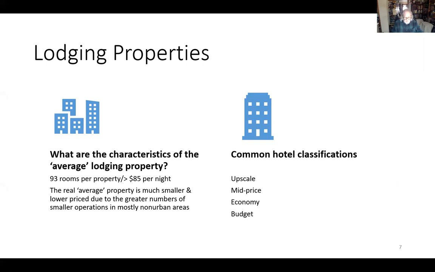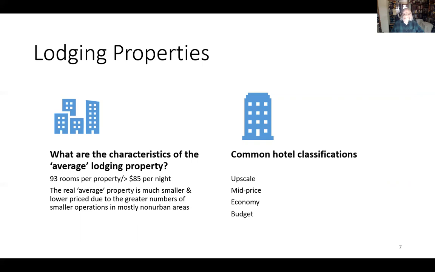Some common terms we use to divide up the way we refer to different hotel properties are upscale, mid-price, economy, budget, and so forth. This is really toward the price classification, versus some of the other broader categories I talked about previously.